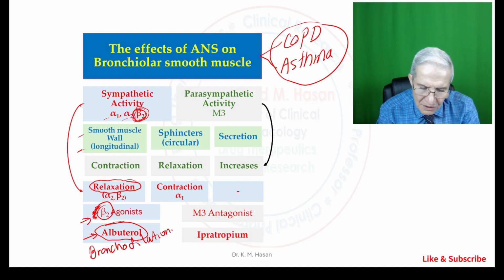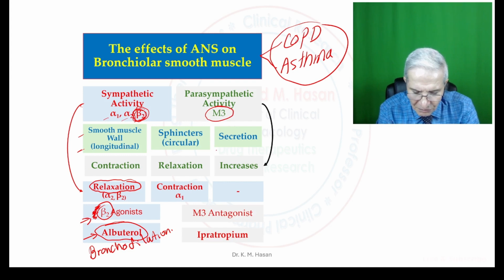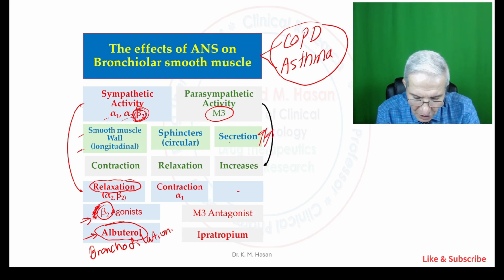Regarding parasympathetic activity, the main receptor in the bronchial tree is the muscarinic receptor, and this is responsible for increased secretion and activates the sphincter or circular muscles. Activation of circular muscle, you can see it here, leads to contraction.